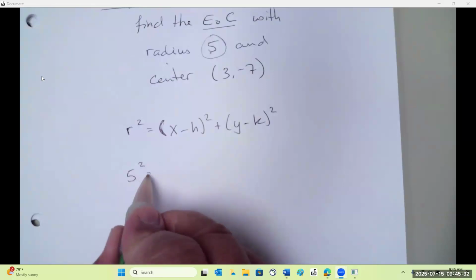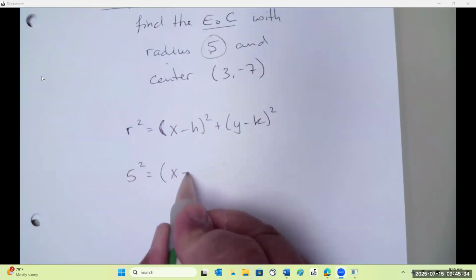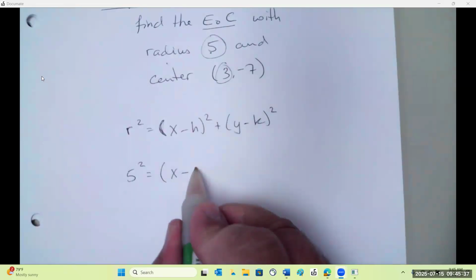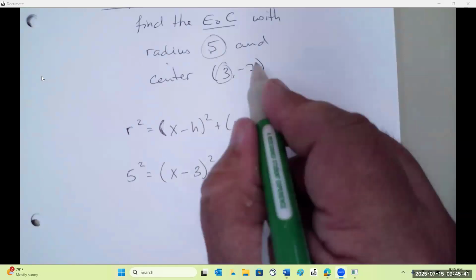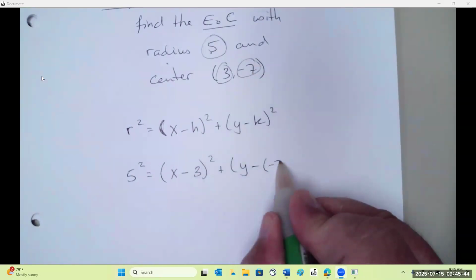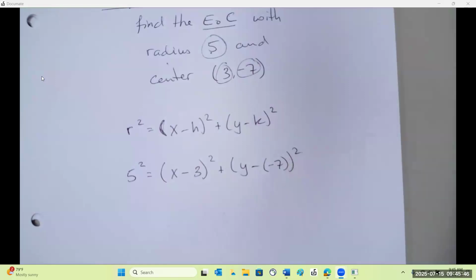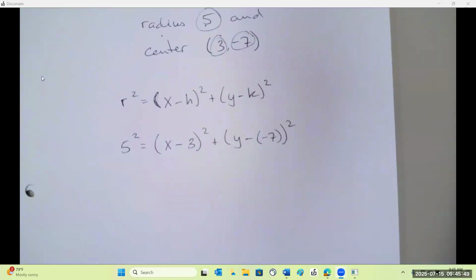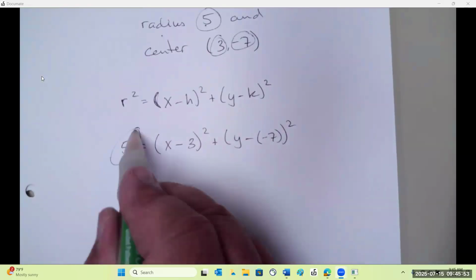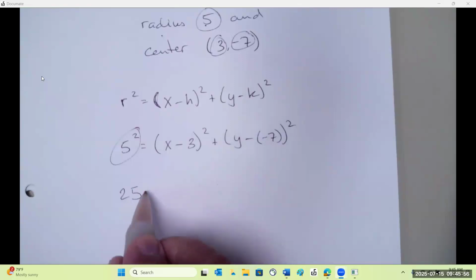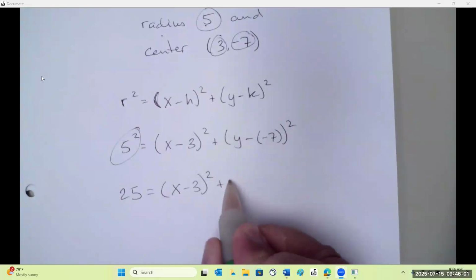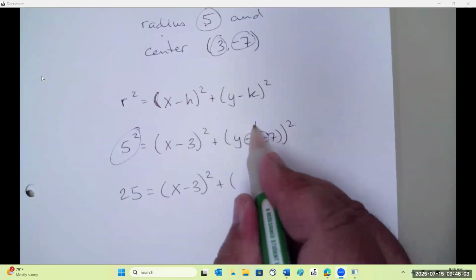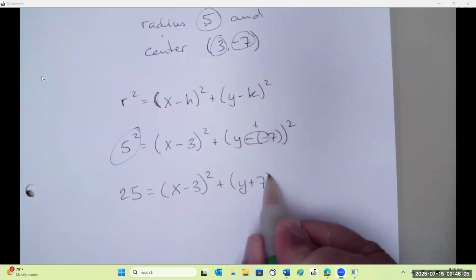So it's 5 squared. x minus, this is h, 3. y minus k, this is k, so it's -7. 5 squared is 25. x minus 3 squared, and that becomes a plus, y plus 7 squared.